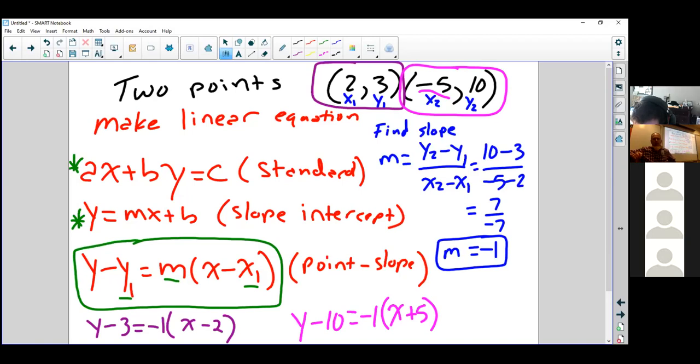Again, we went to slope intercept back in the 90s when the graphing calculator came out, because the graphing calculator only takes it as y equals. So that's why we got so heavily invested in slope intercept. And then standard form was just its own entity. Now, standard form is also very much accepted worldwide.